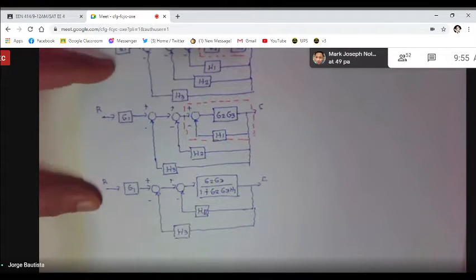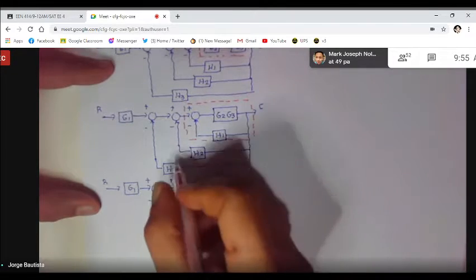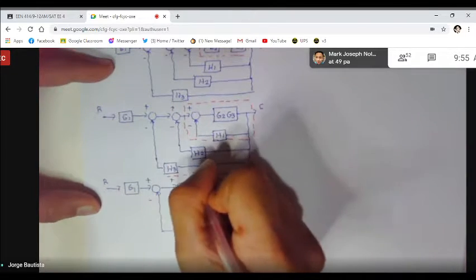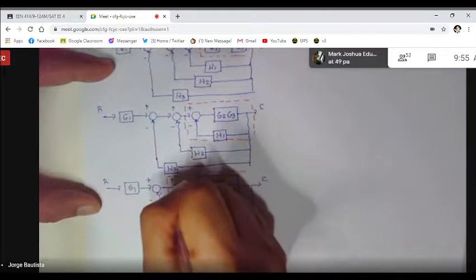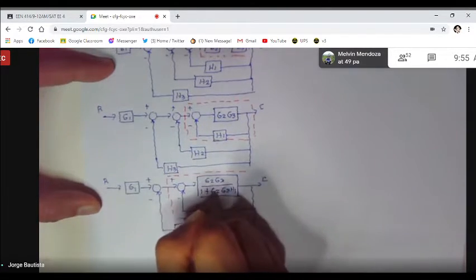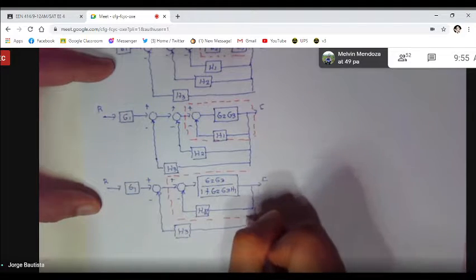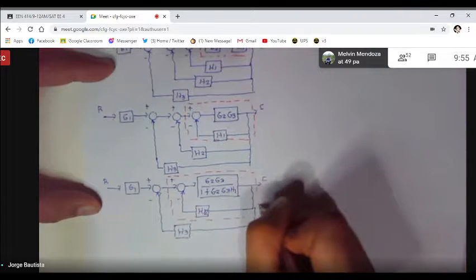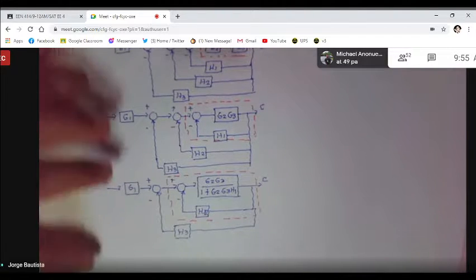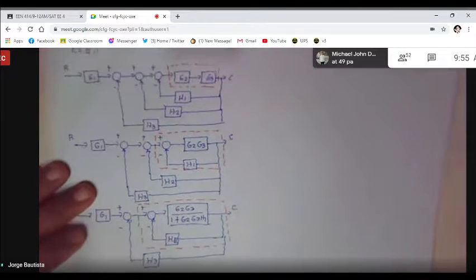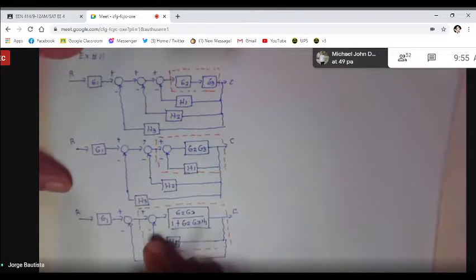Next. So ito naman, no? Ito. So reduce mo yung feedback na to. Yan. Natin yung feedback na yan, no? Okay, so pag i-reduce natin yan, so dito na lang, no? Para, so ito, dito ko na lang ilalagay.